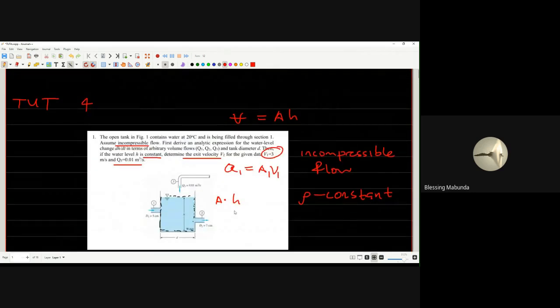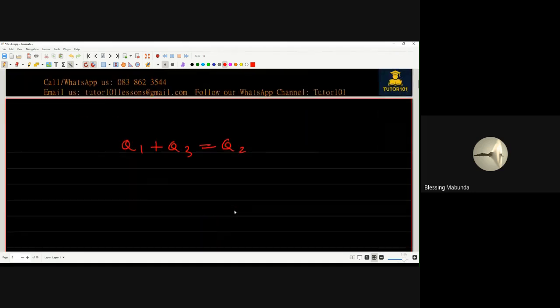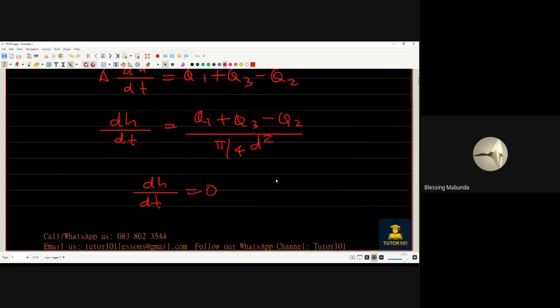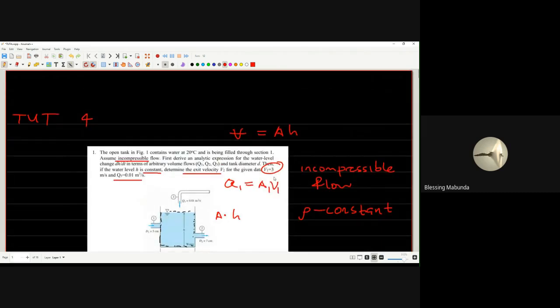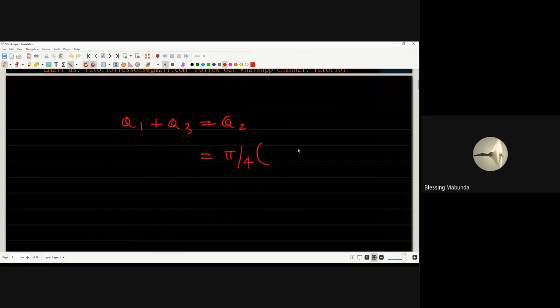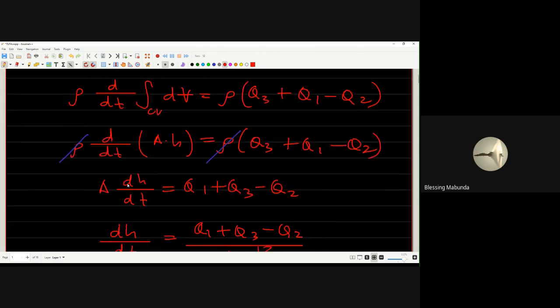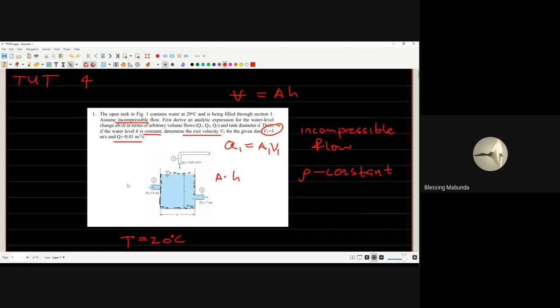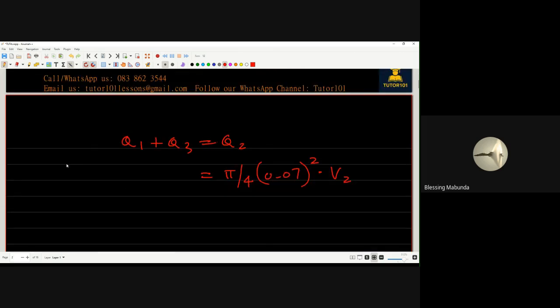And what we're looking for here is V2, the exit velocity. So that means this is pi/4 times the diameter at 2, that is 0.07 meters, multiplied by V2. And Q1 wasn't given, but we can work it out nonetheless.